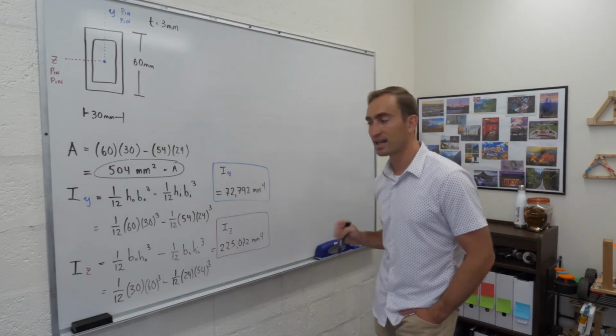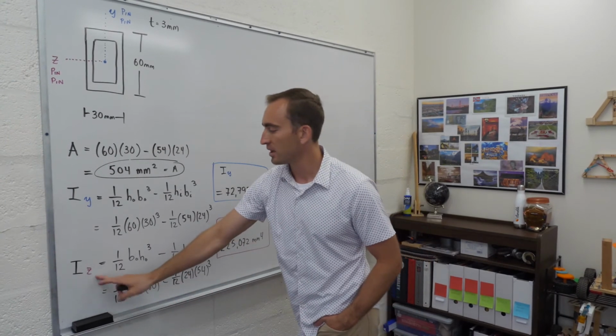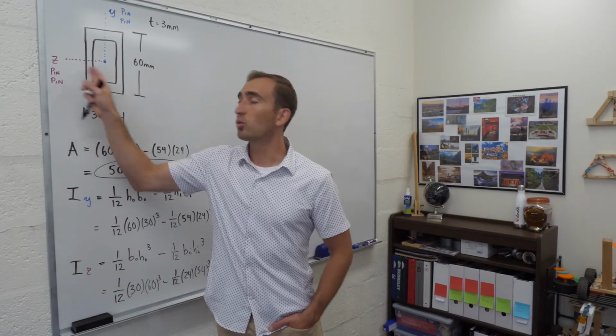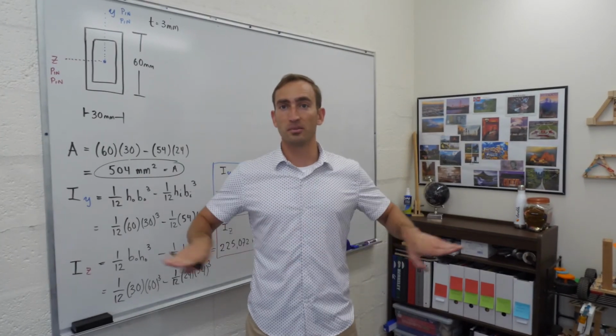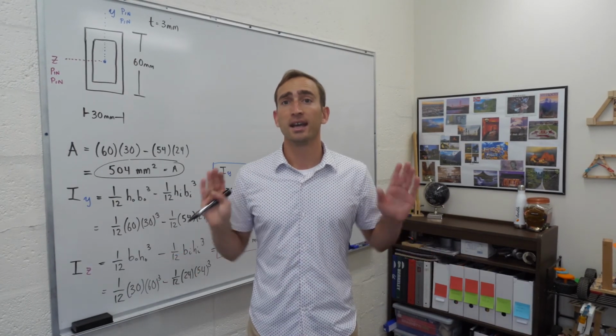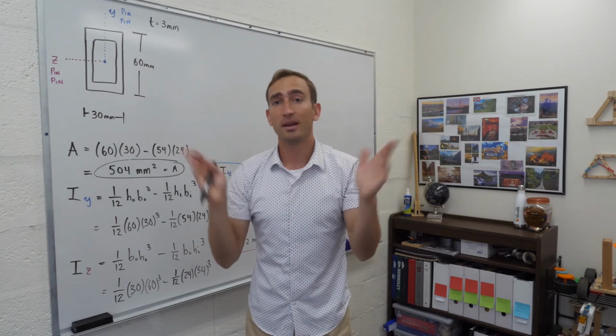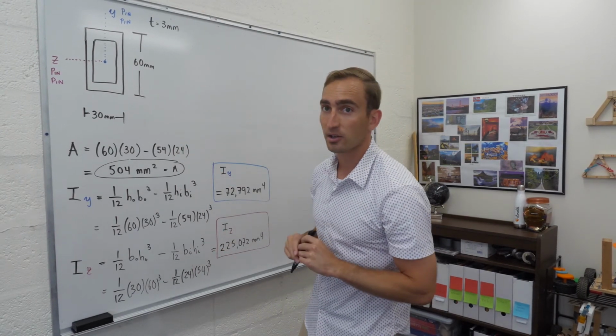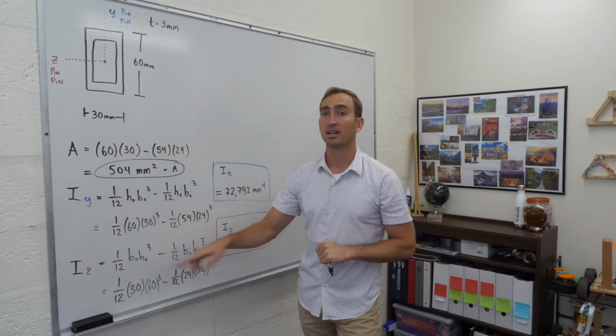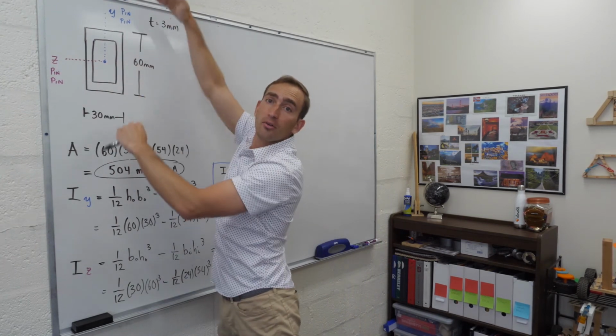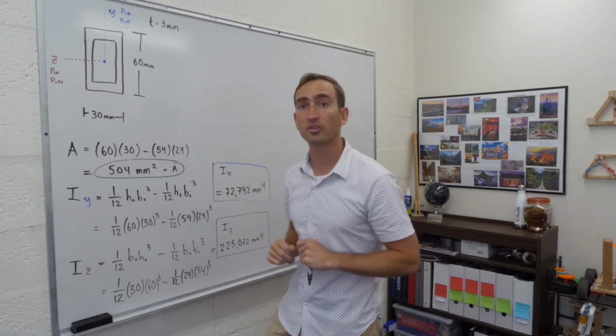And we then repeat the exact same process for Iz. When you're rotating about this horizontal axis here, it actually becomes harder if you get taller. So the dimension that ends up being cubed in this particular part is going to be the height, because that is the dimension that's farther away from that axis that makes it harder to rotate.